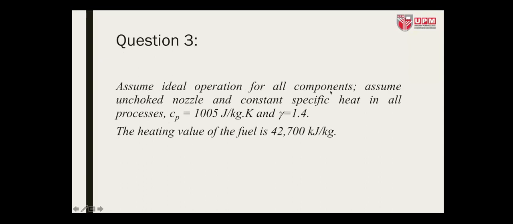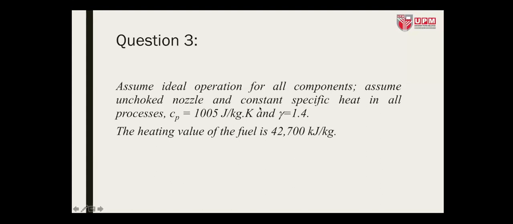All components means the inlet, the compressor, combustion chamber, the turbine, the nozzle, all operated at ideal operation. And we also assume an unchoked nozzle. If it is choked, there will be different treatment for the problem.